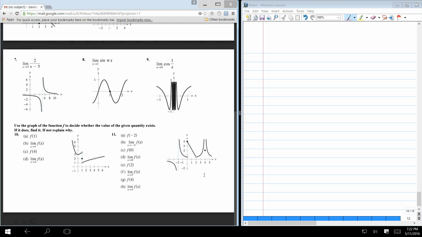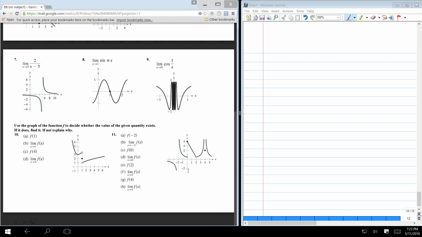You're right. When you approach -2 from the left, the function goes to negative infinity. What do you get when you approach -2 from the right? Infinity. So it does not exist. Correct.